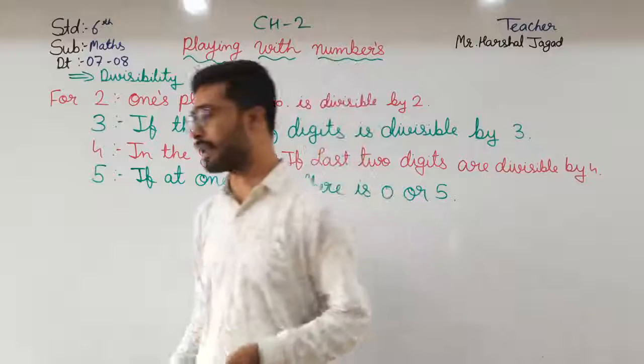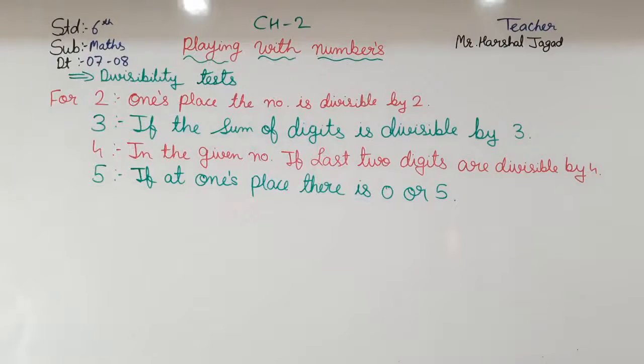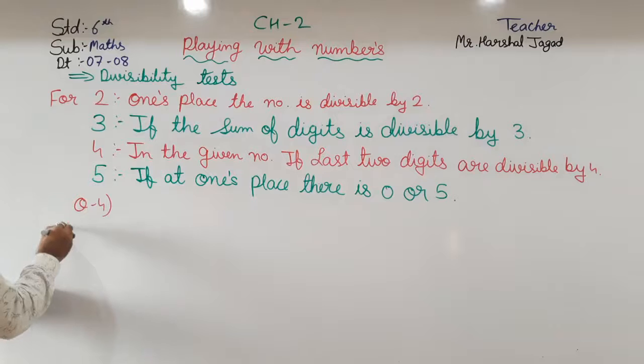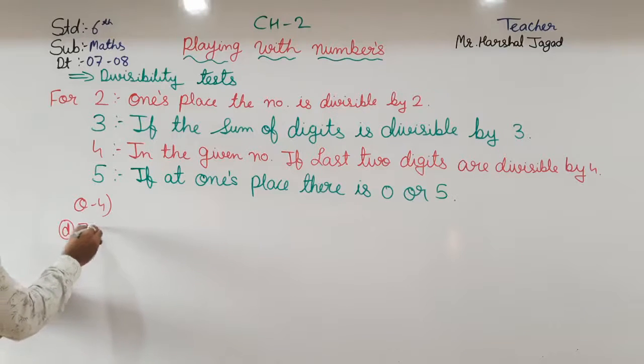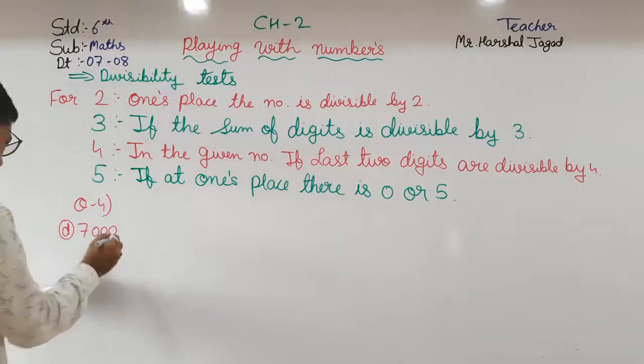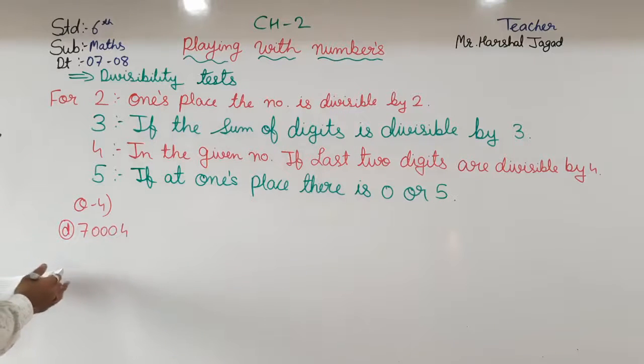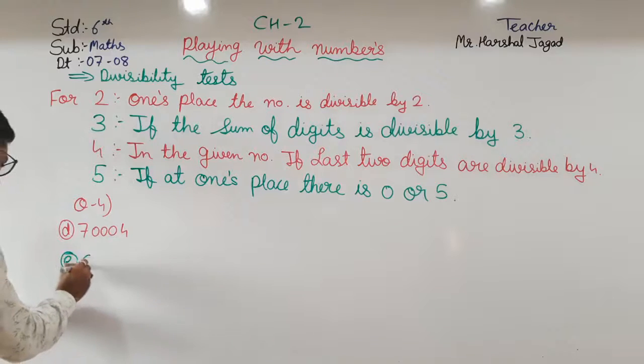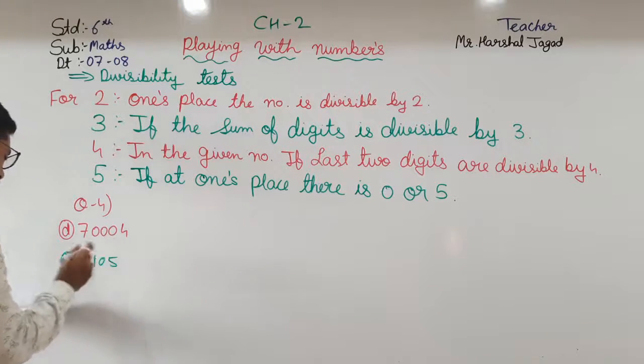Okay students, so let us see the examples, that is question number 4. D, that is 70,004. Then E, that is 6,105.